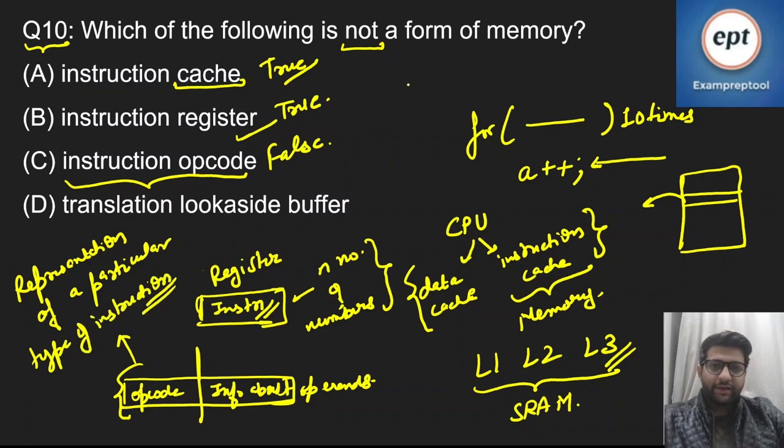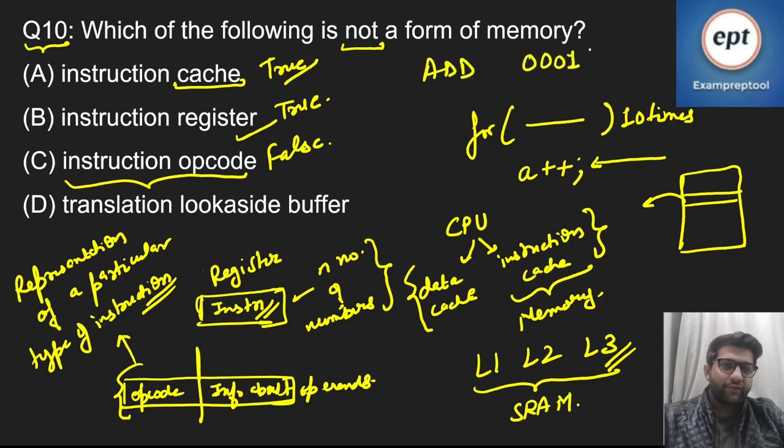right? Let's say if the CPU supports the add instruction, right? So it will have, let's say, a 4-bit opcode which will be used by the CPU to identify that this particular instruction is an add instruction, right? So an instruction will be what? A binary code, right?